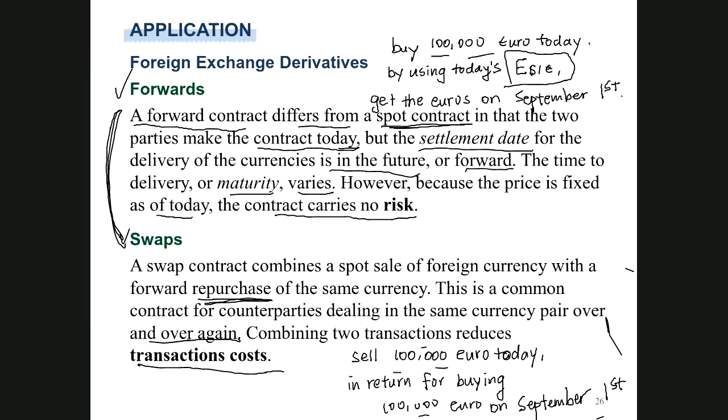So as you can see, what is the benefit of using those two derivatives? You could avoid the volatility of the exchange rate, right? Because we never know what the exchange rate will be on September 1st. And if the exchange rate moves in the opposite direction, that will hurt my revenue, right?